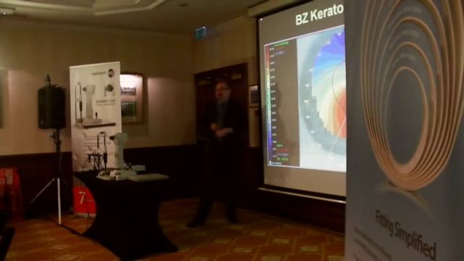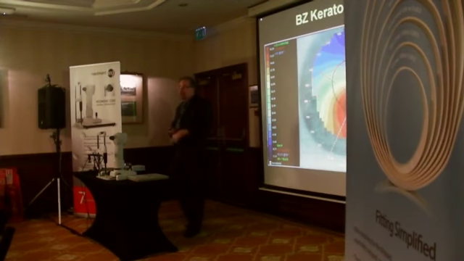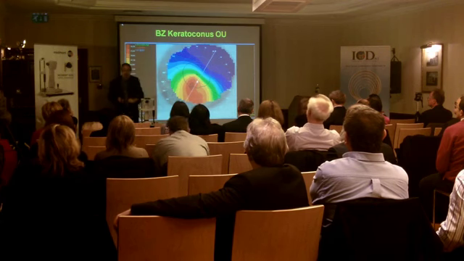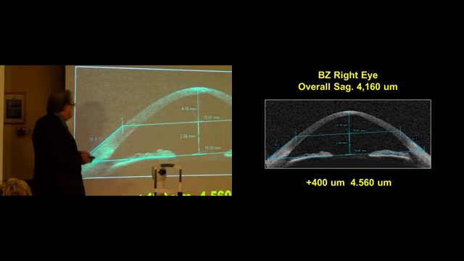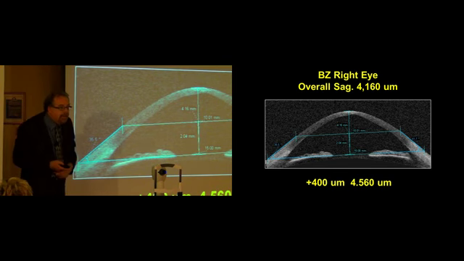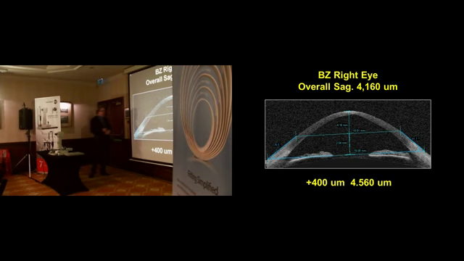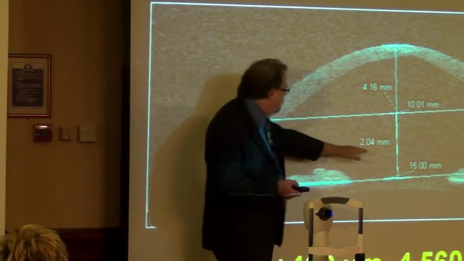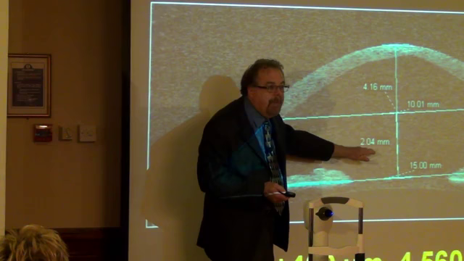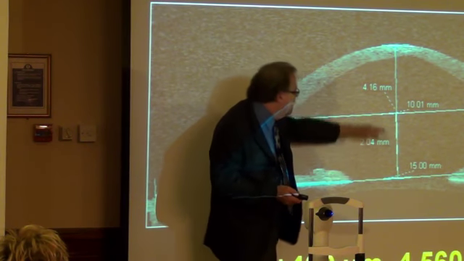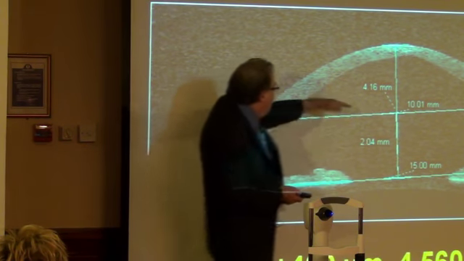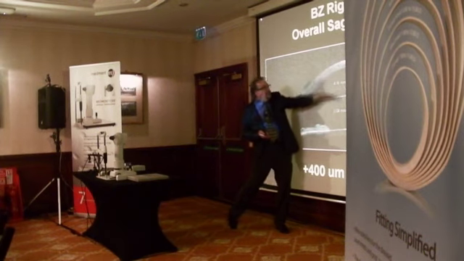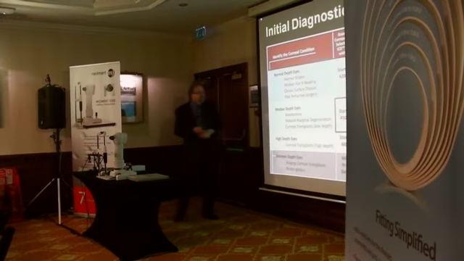An error we have to live with, unfortunately. But it's a steep eye at the end of the day. Here is the OCT imagery of that individual patient, 2040 microns from 15 to 10 millimeters, and here is where all of the sagittal depth lies.